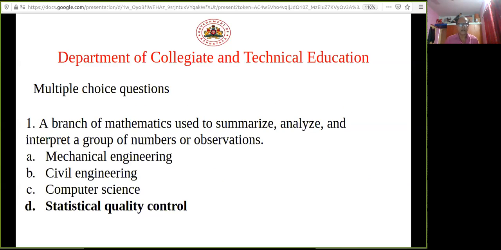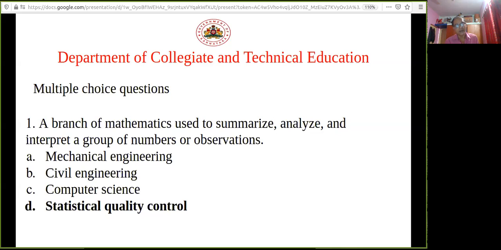Now we'll study some multiple choice questions. The first multiple choice question: a branch of mathematics used to summarize, analyze, and interpret a group of numbers or observations. As I have told you, when we categorize statistical quality control, we categorize it into three groups.